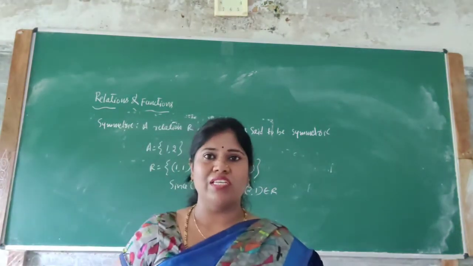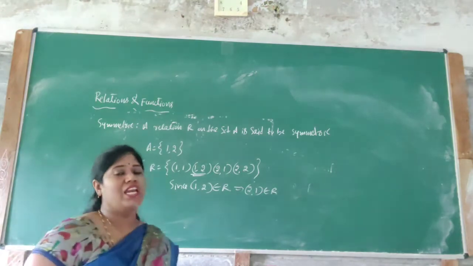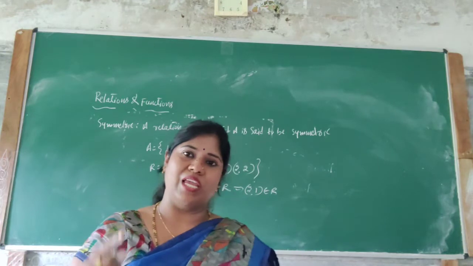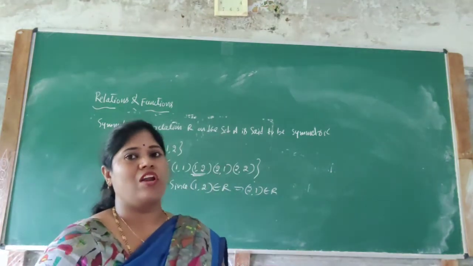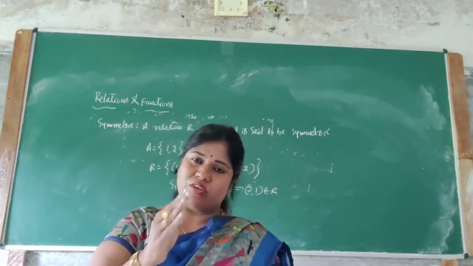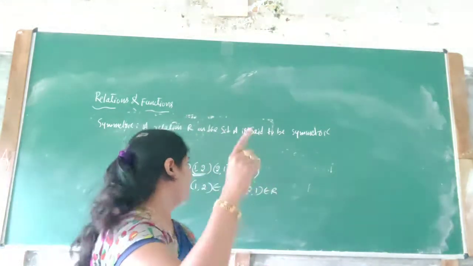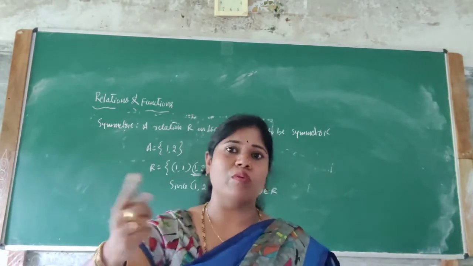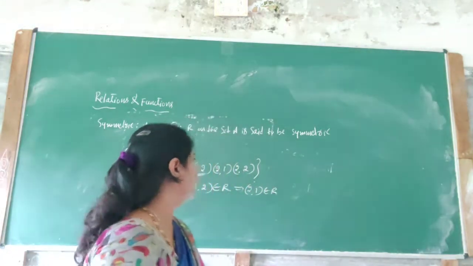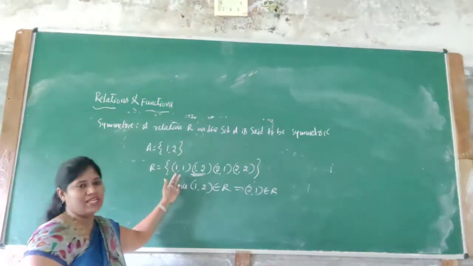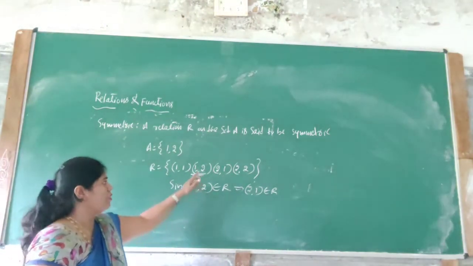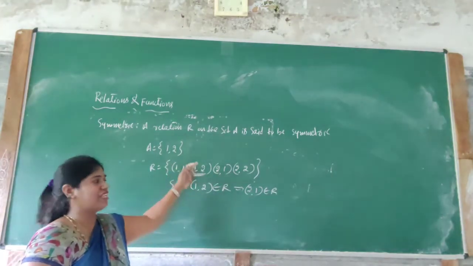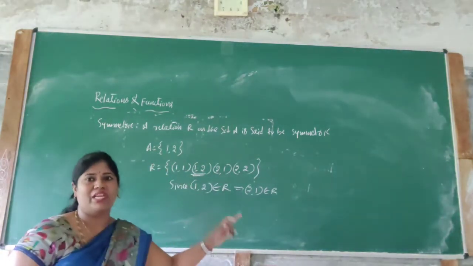According to the definition, a relation R on the set A is said to be symmetric if for all a, b belongs to A, (a, b) belongs to R implies (b, a) should also belong to R. If (2, 1) belongs to R, then (1, 2) should also belong to R. So this is an example of a symmetric relation, because (1, 2) is there in the set R and (2, 1) is also there in the set R. Therefore, it is a symmetric relation.